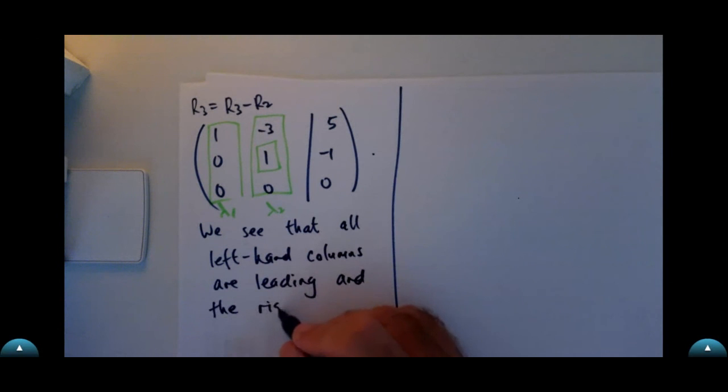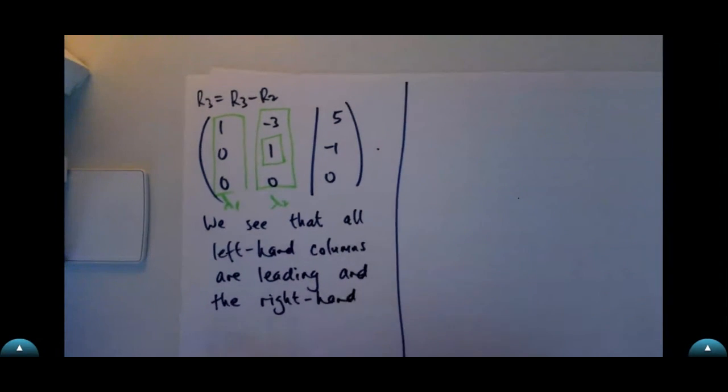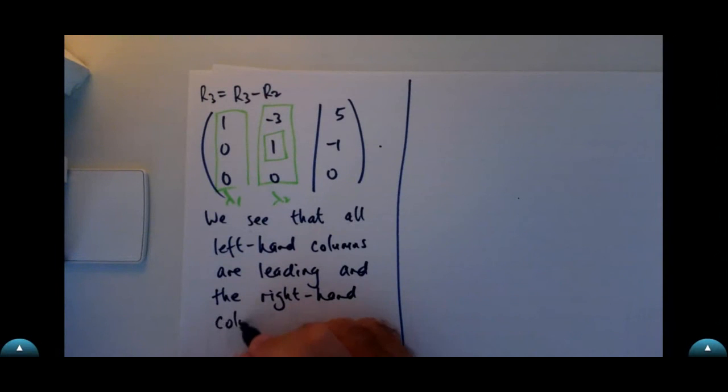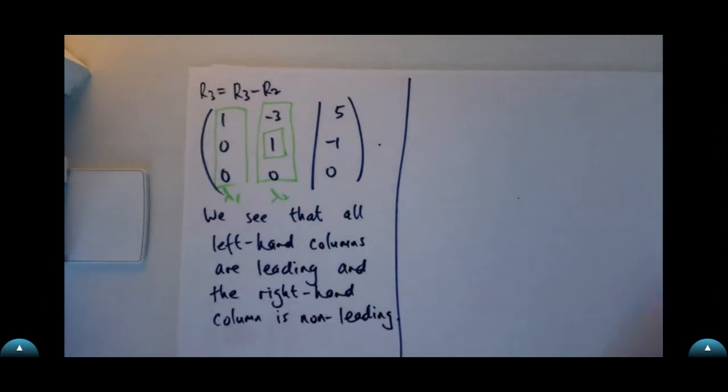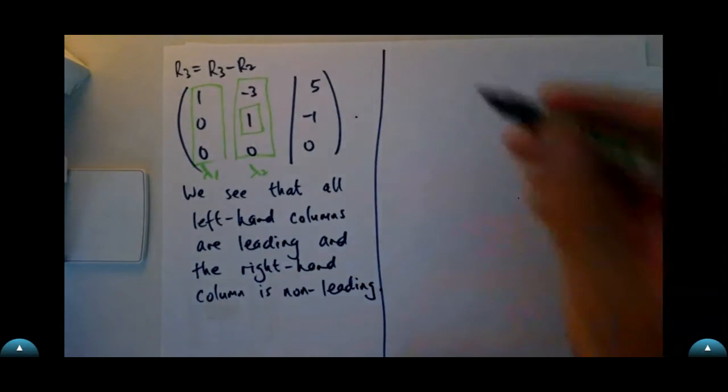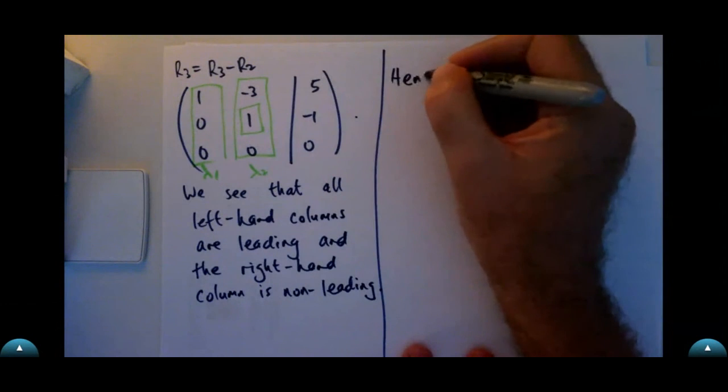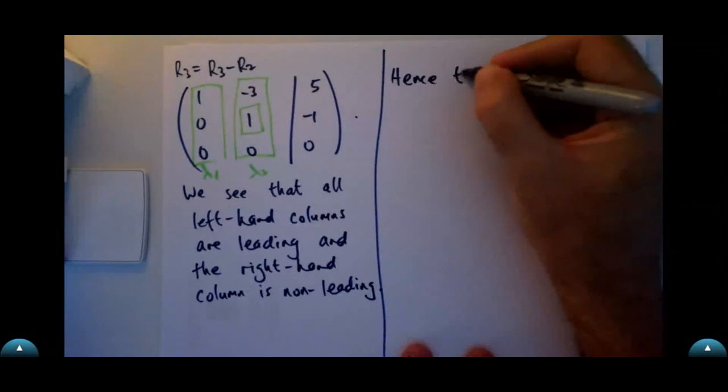And the right-hand column is non-leading. What that says is the system has a unique solution.